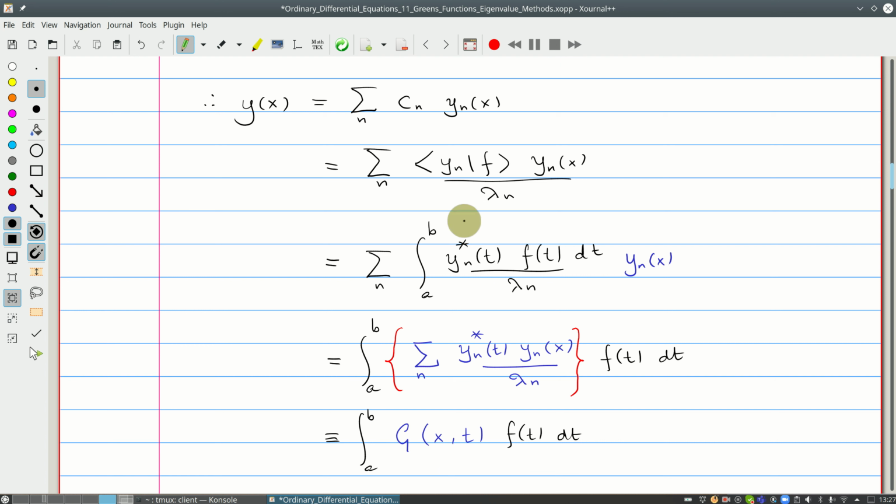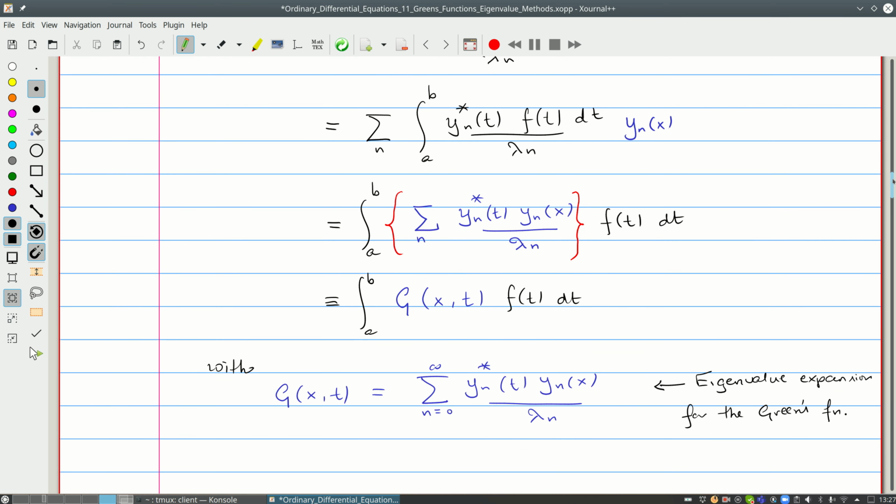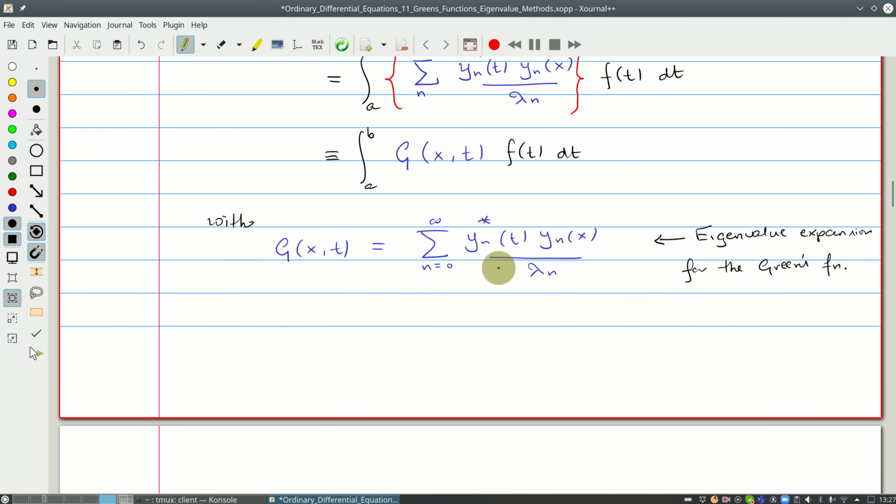If you remember the Green's function, this is exactly the form of the Green's function, the way we define the solution y of x as the integral of the Green's function times f of t dt. So this stuff over here is our Green's function. It depends on t and x, and it's defined through this eigenvalue expansion.